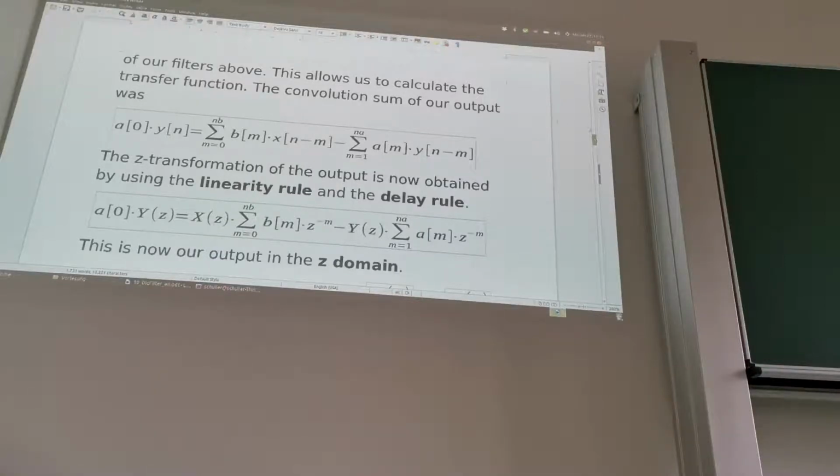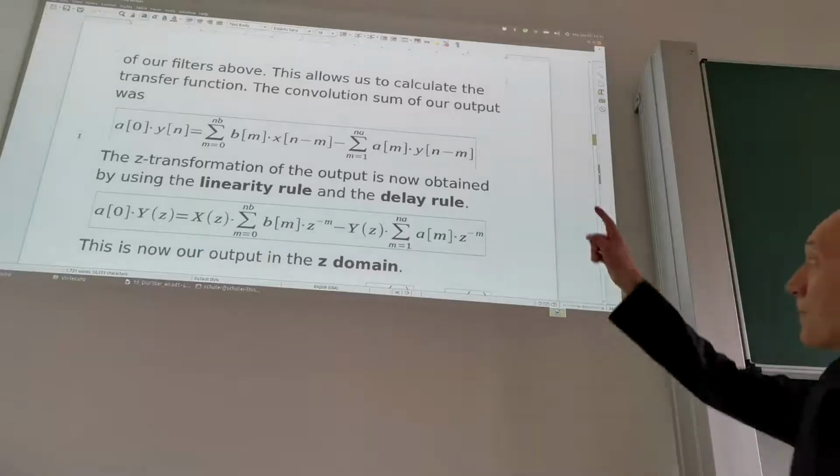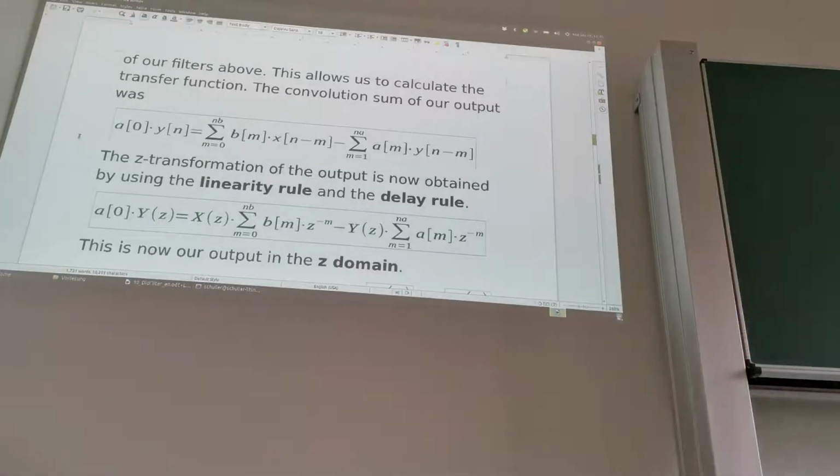So again, we start with a description coming out of lfilter, this formula here. And then we simply apply the z-transform to it. So the z-transform of the output is now obtained by using the linearity rule and the delay rule. And you can see the result down here.